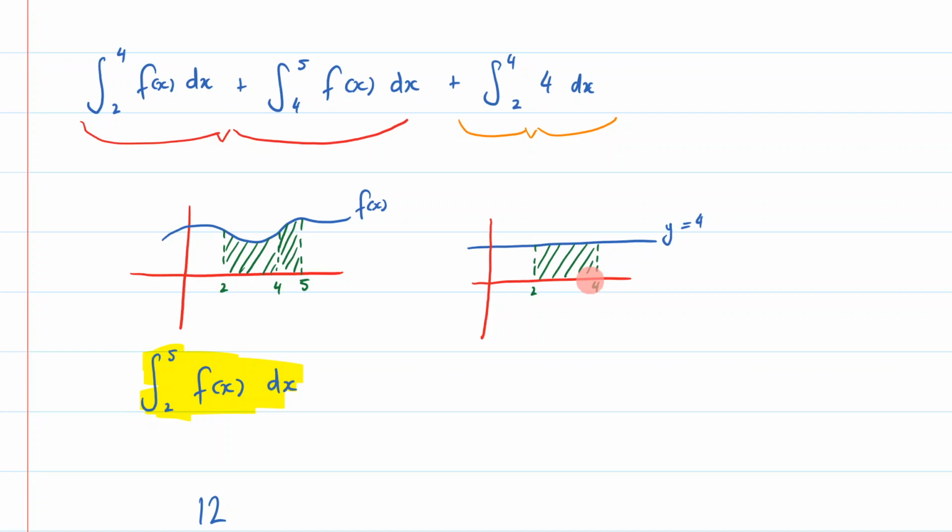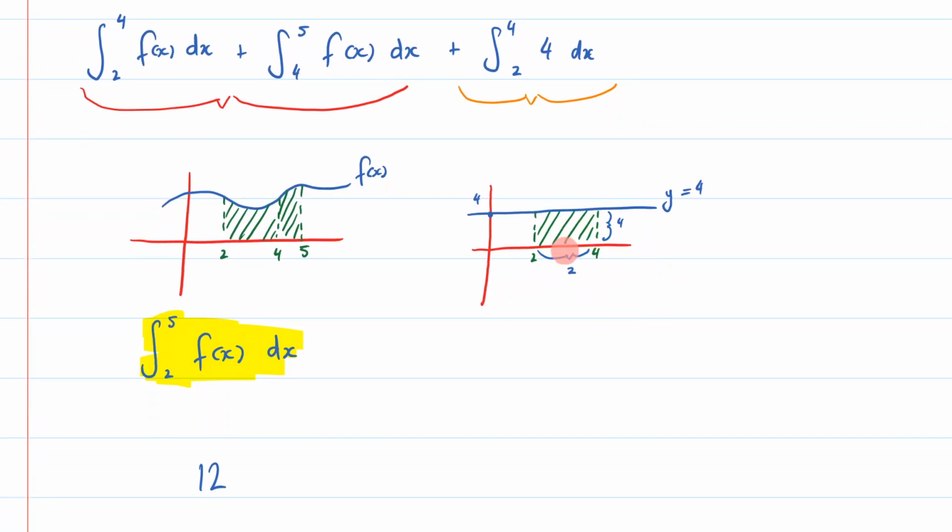Do you notice how this is a rectangle? Now, what is the height of this rectangle? Well, because I'm at y equals 4, that means this line here goes through 4, right? So it has a height of 4. And what is the width of this thing? Well, it's just 4 minus 2, which is 2. So a nice way to write this out is to find what this area is: just this constant here, 4, times the difference in my terminals.